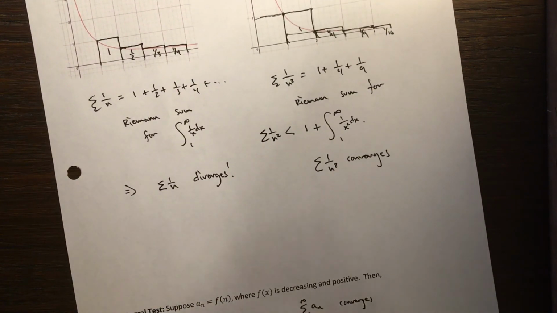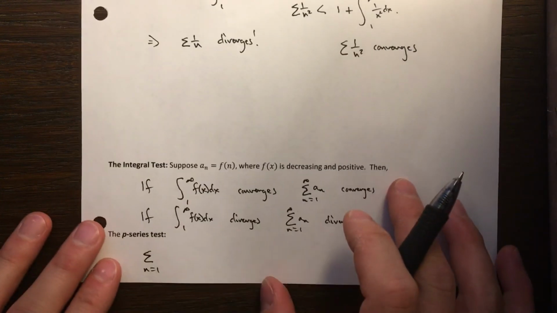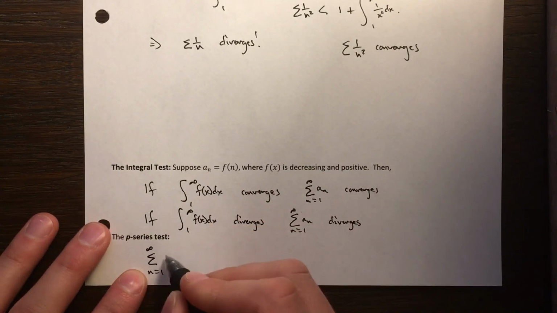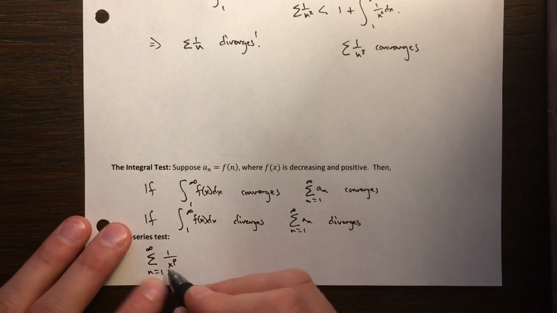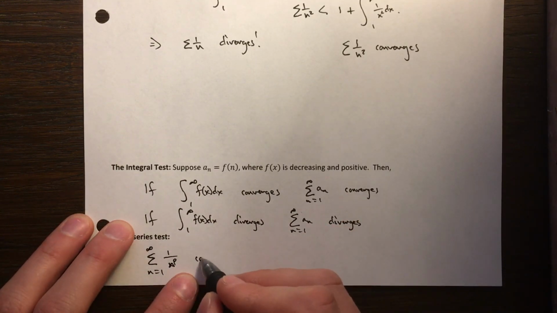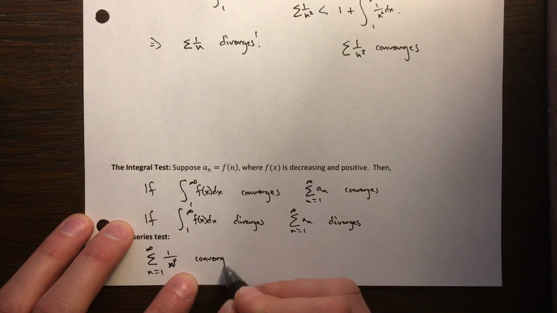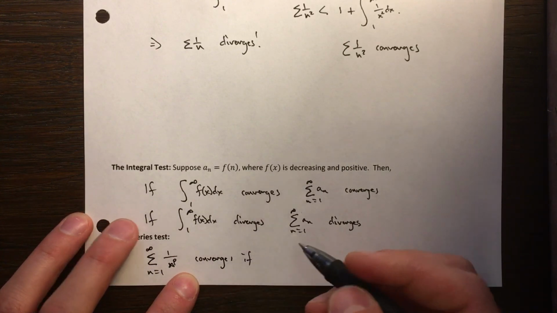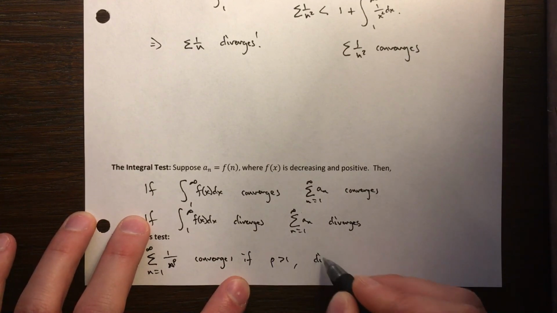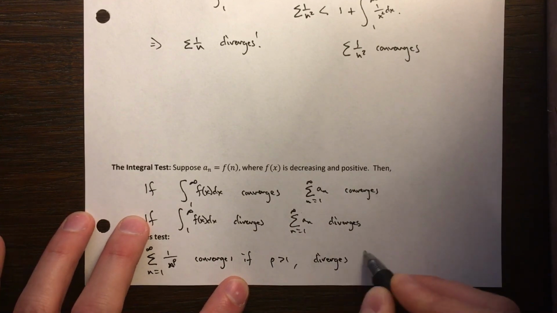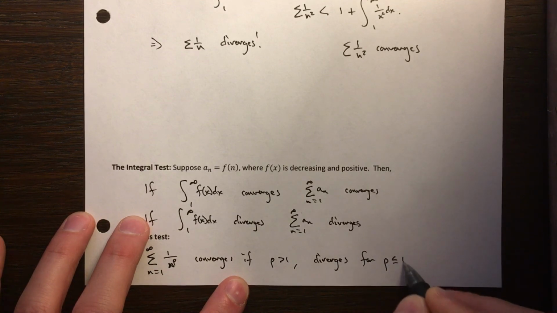So that allows us to say the p-series test, which is the sum from n equals 1 to infinity of 1 over n to the p, converges if p is greater than 1, diverges for p is less than or equal to 1.